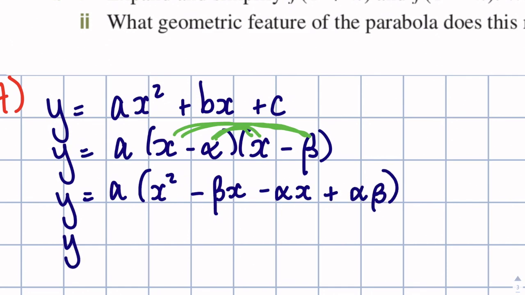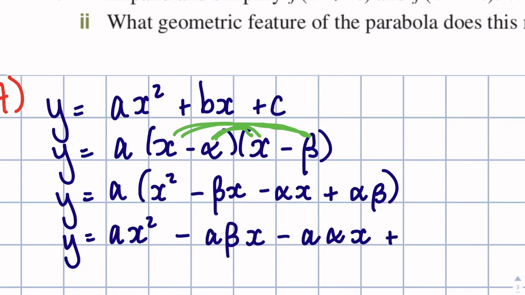Which means once it's fully expanded, timesing everything by the a out the front, I get ax squared, take a beta x, take a alpha x plus a alpha beta. I know it looks super confusing. It will make sense shortly.